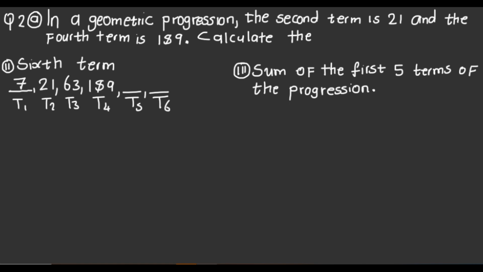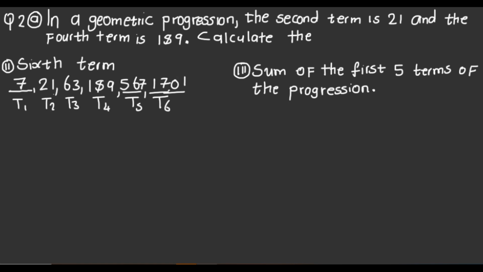So we can find the 6th term by just multiplying the number by 3. 189 times 3 is giving me 567. Multiply again: 567 times 3, I'm getting 1701. So this is our 6th term.